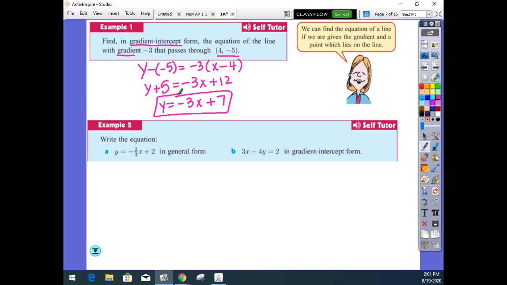And my final answer, always go back, is in gradient intercept form. All right, so just because it starts with gradient intercept, that doesn't mean you're going to start with it. That's what you end with. So you got to kind of analyze your information and figure out how to get started.